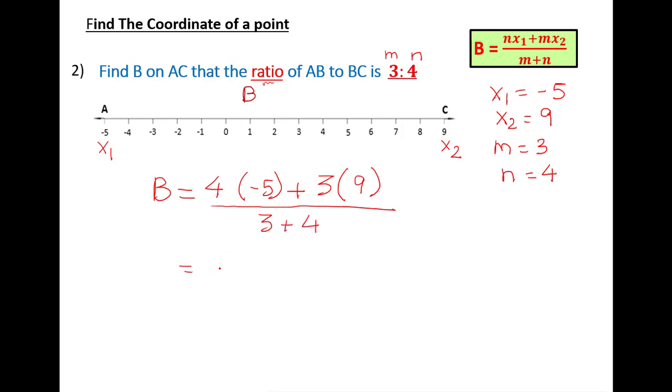You can use the calculator immediately. This is equal to 7 over 7, and this is equal to 1. So my B is here at point 1.